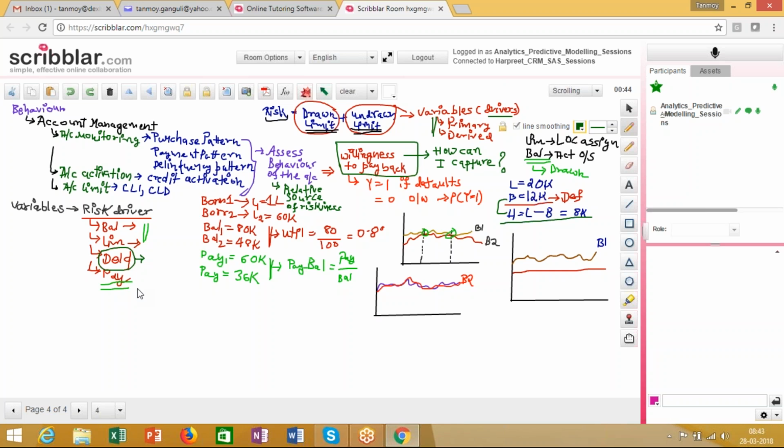So that is how this part is structured, and that is why delinquency variables are very important to assess the behavior risk of a borrower. So delinquency is a very important behavioral variable, and hence is also used for segmentation purposes.